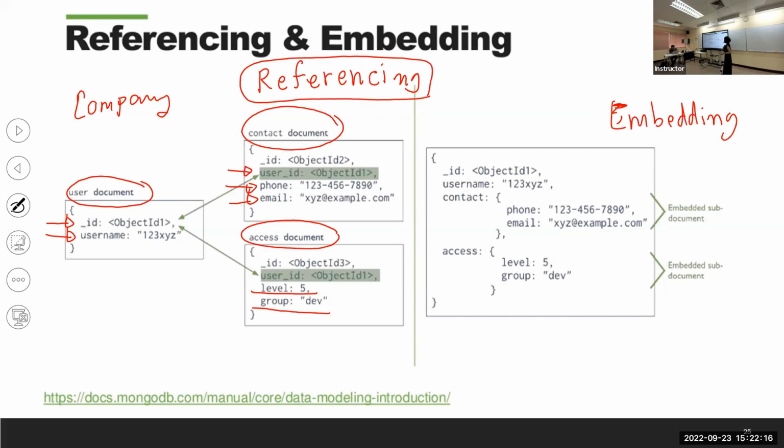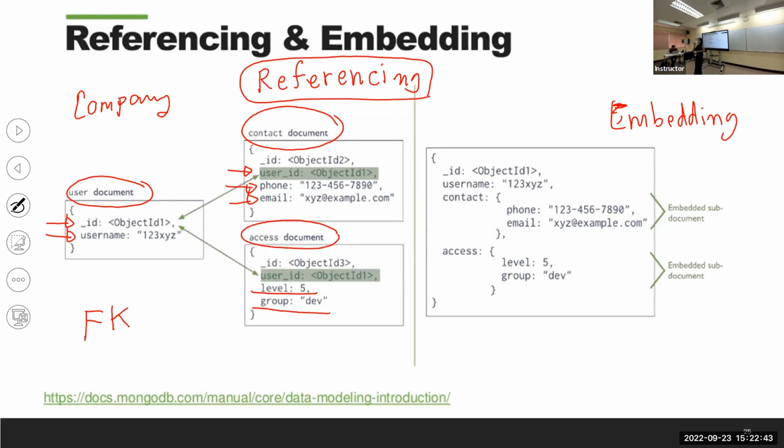For referencing, you can think of it as similar to the foreign key mechanism in relational. Remember, a document model is a specialized key value model. That means every document has a key, right?